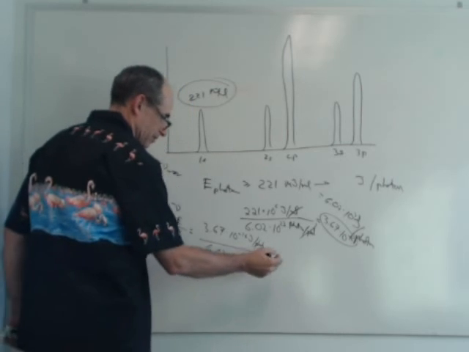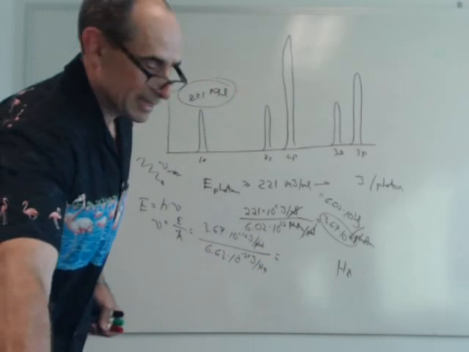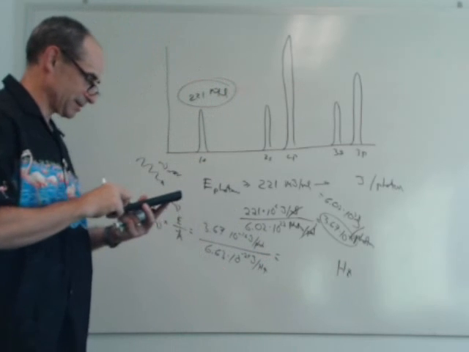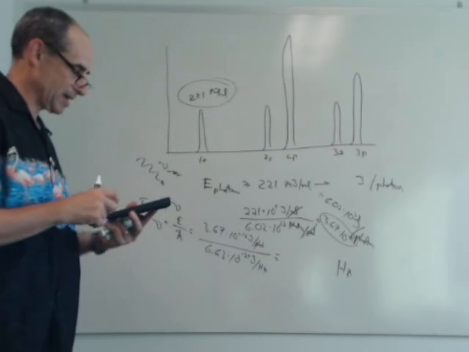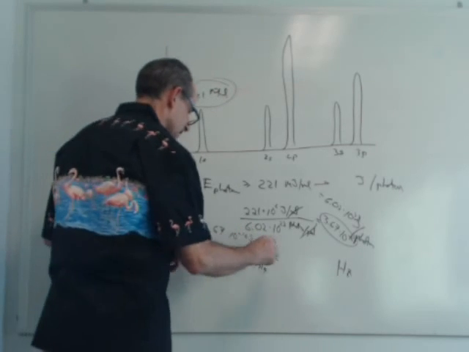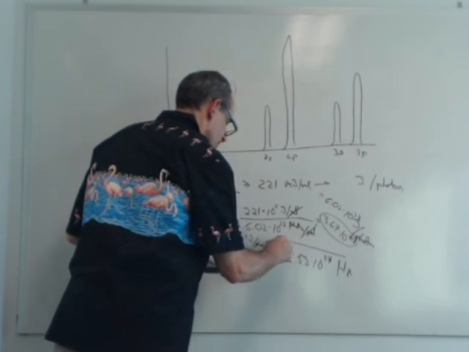And I'm going to be left with hertz. We don't usually write the per photon. So I'm going to take that number and divide by 6.63 times 10 to the negative 34 and get 5.53 times 10 to the 17th hertz.